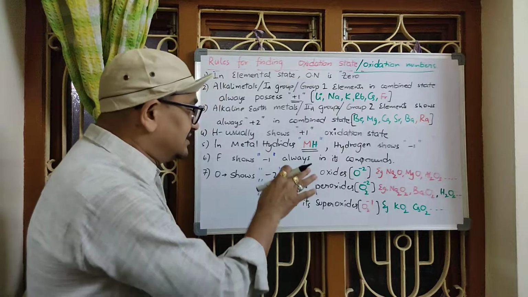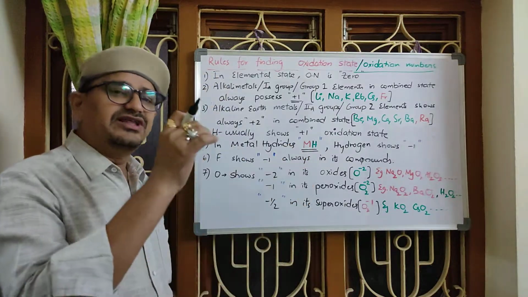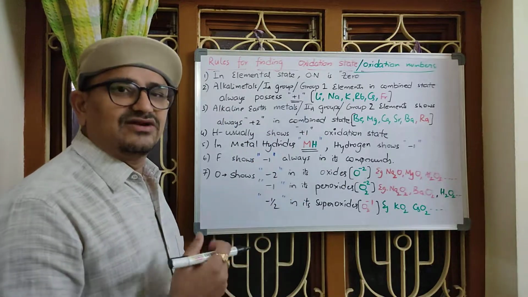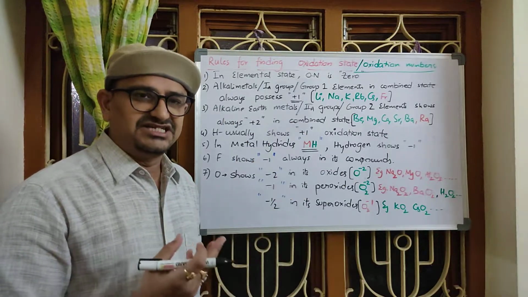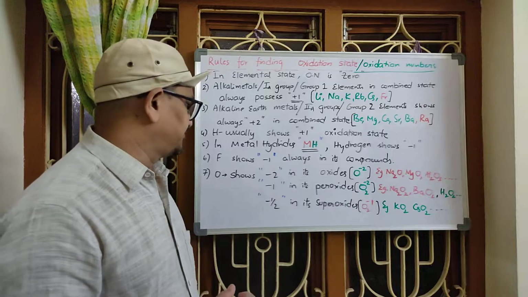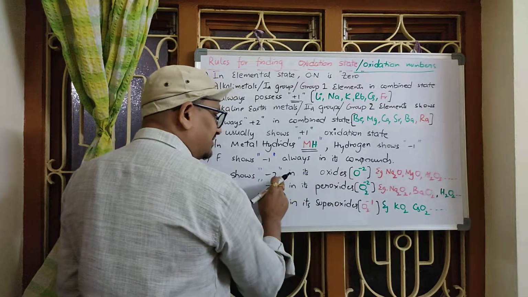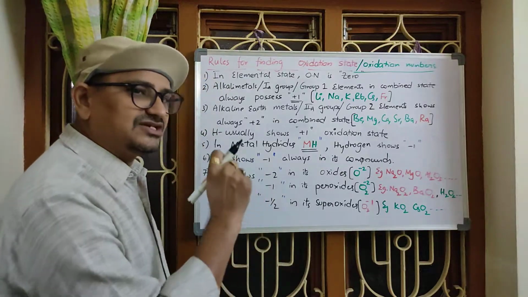Is that point clear? This particular point is very, very important, and you need to apply these points in solving examples for competitive exams like JEE and NEET. Oxygen in its oxide or monoxide shows -2.